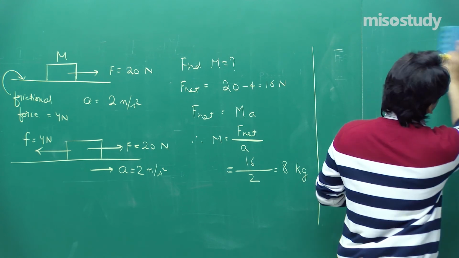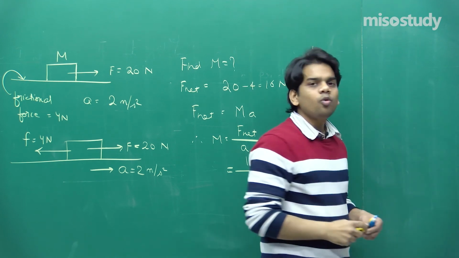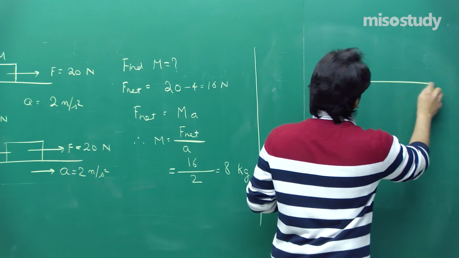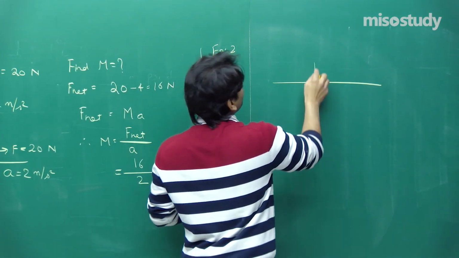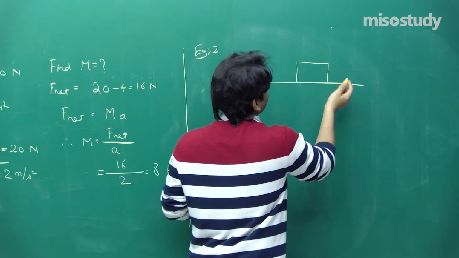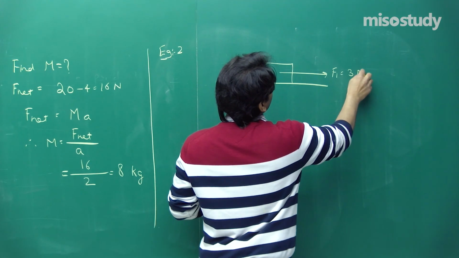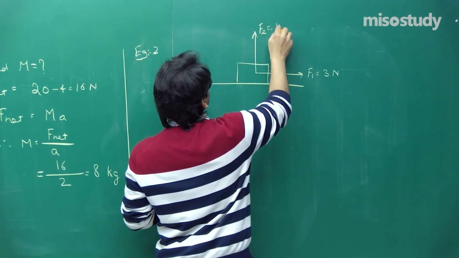Let us see how we can discuss equilibrium on an object. Second example: on an object, let us say two forces are acting. One is F1, 3 Newton, and one is F2, 4 Newton.